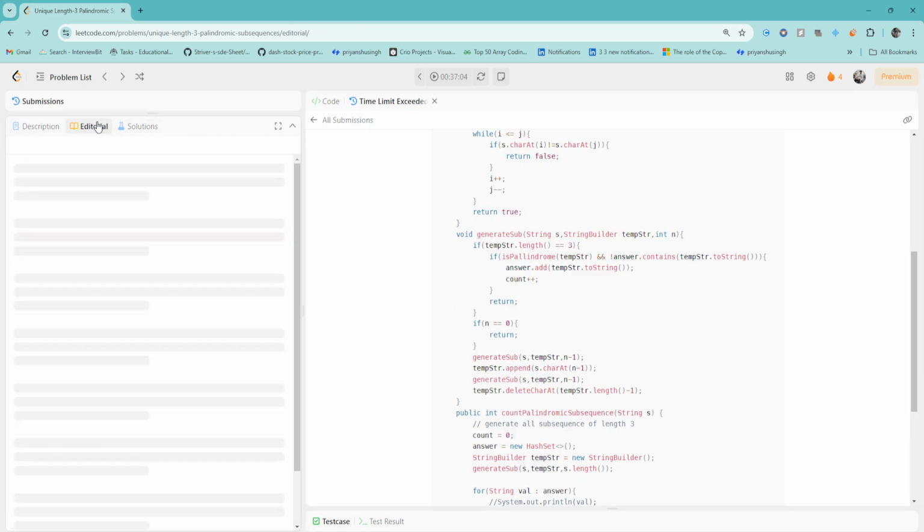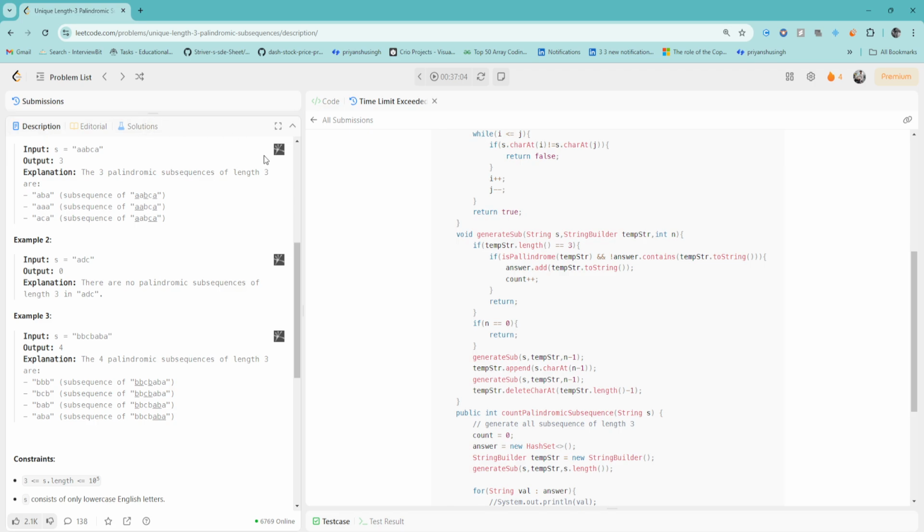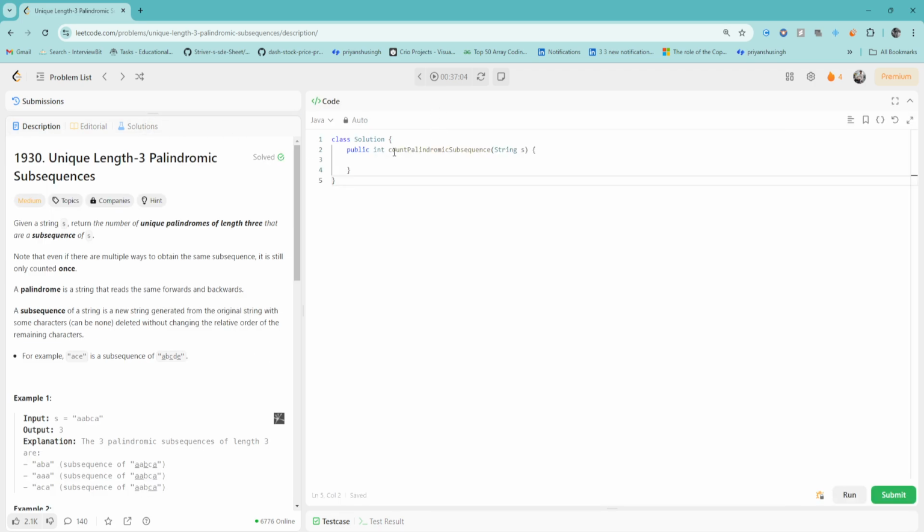Editorial, not code. Let's code it out. Okay, we'll code it step by step so that you would get pure insight of the question. So we would be having a prefix integer array that would be of size 26.